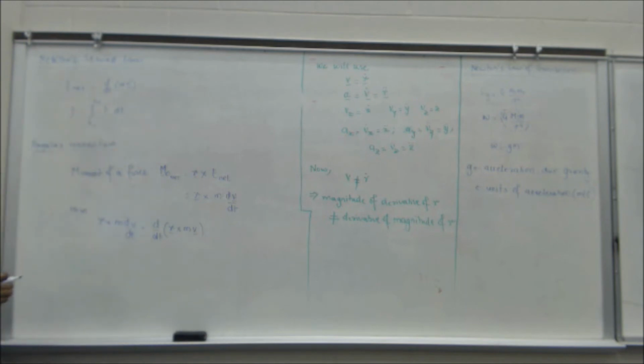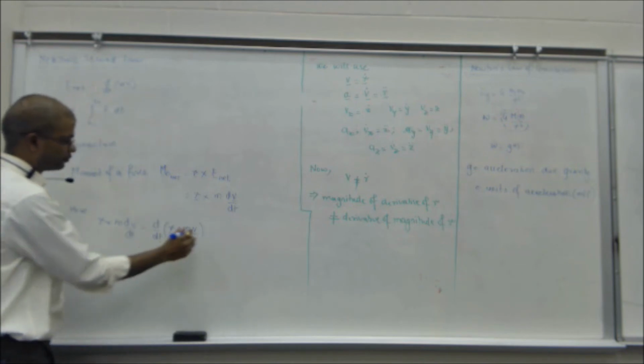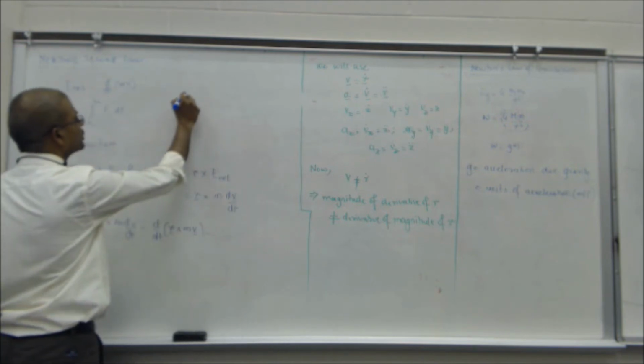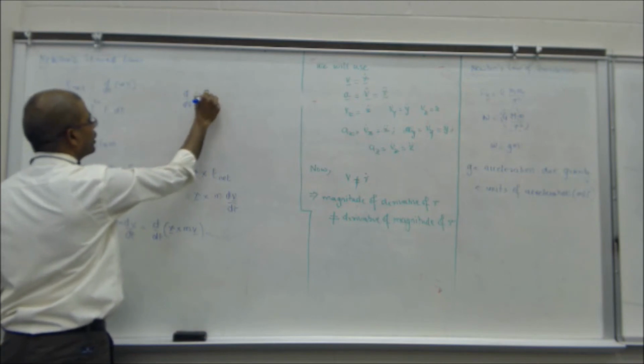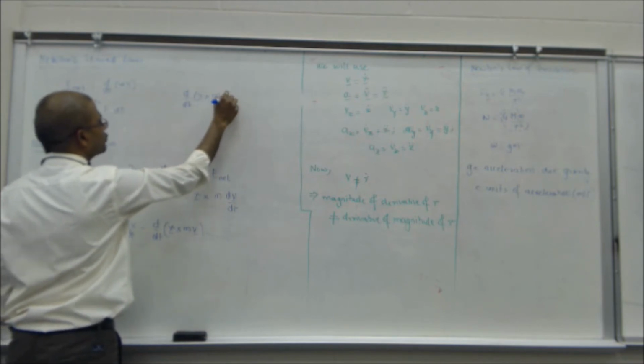Make sense now? So if you split this open, d over dt of R cross mv is what?